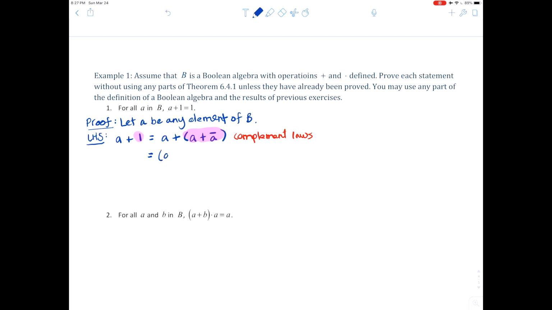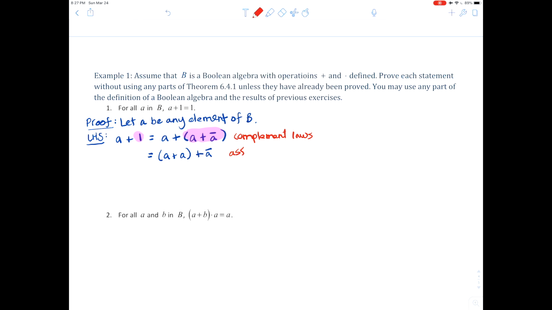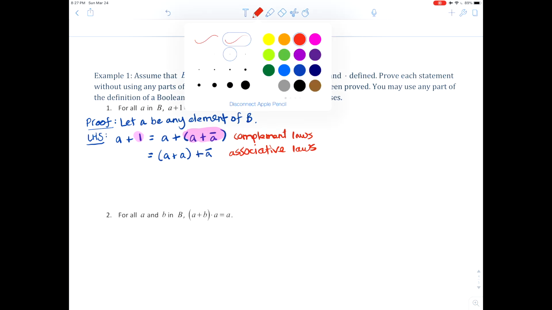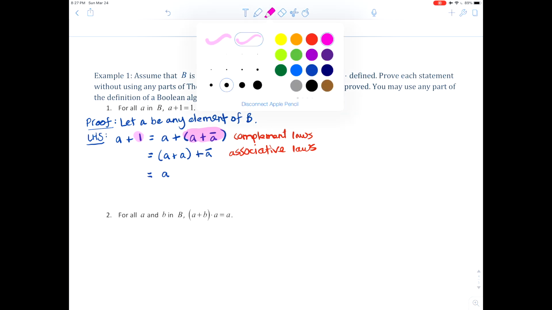Beautiful. Associative law, I think, would be pretty useful. And then if you have A or A, what do you get? Beautiful. A.